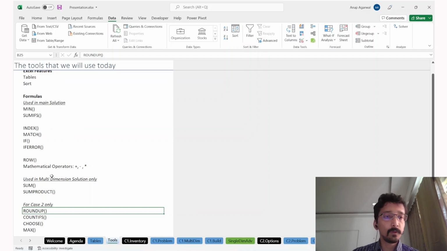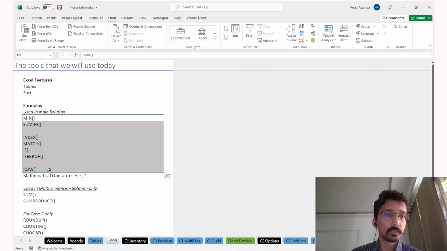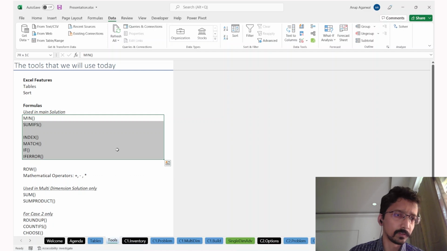If you are unfamiliar with any of these, I would suggest you pause the video and look for some resources to go through what these functions do. I believe they are very, very handy. If you use Excel 6 hours a day, most likely you will touch them sometime in your day. And I'm pretty sure they will make your life easy, at least these ones.